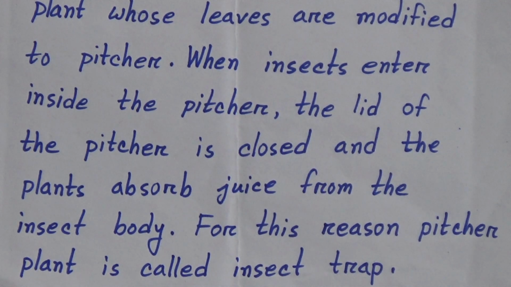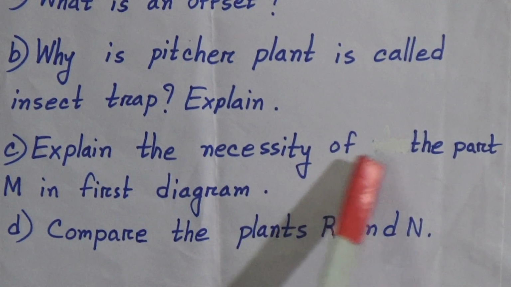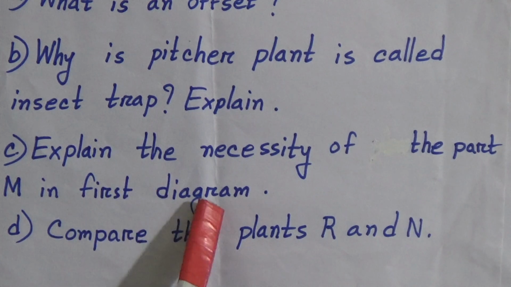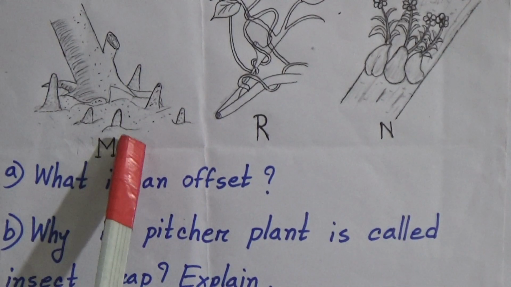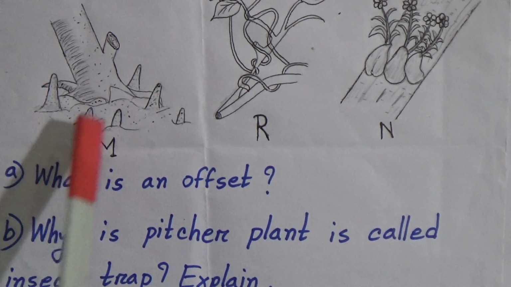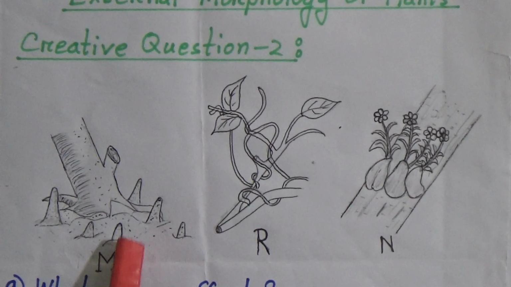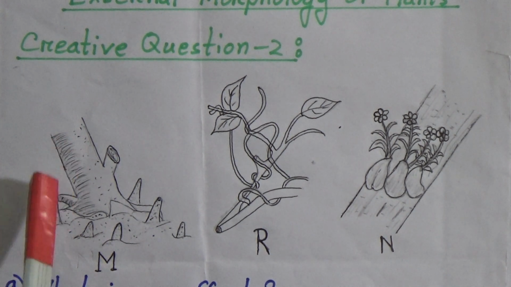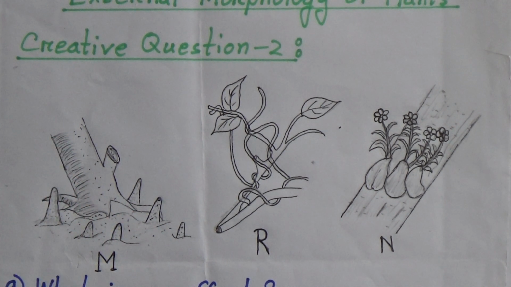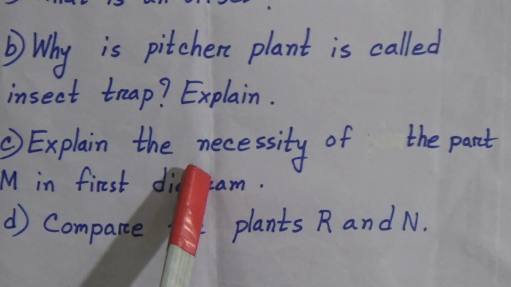Now C number question. C number question was, explain the necessity of the part M in first diagram. That means this one, M. We can see in this figure this is a pneumatophore. Now answer.